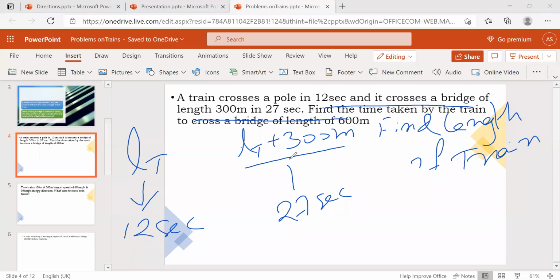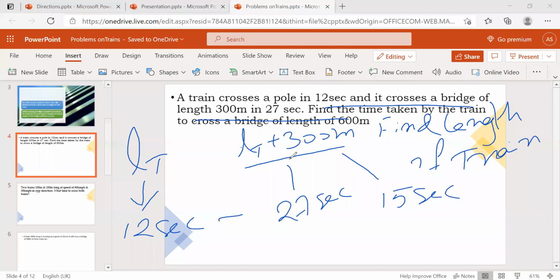From this, we can find out how much time the 300 meter bridge alone takes. So 27 minus 12. So it will take 15 seconds for 300 meters, right? We know that 300 meters takes 15 seconds.